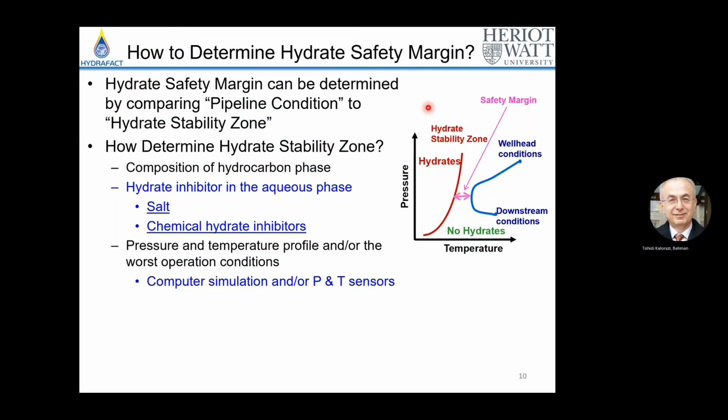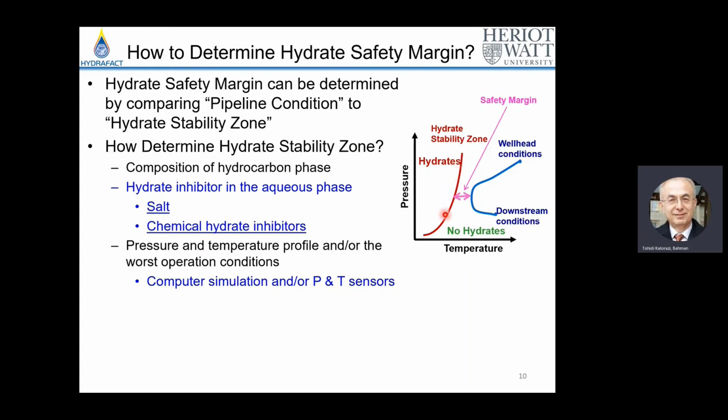So in order to increase the reliability of hydrate prevention technique, and minimize and optimize inhibitor injection, we have developed a system like this.